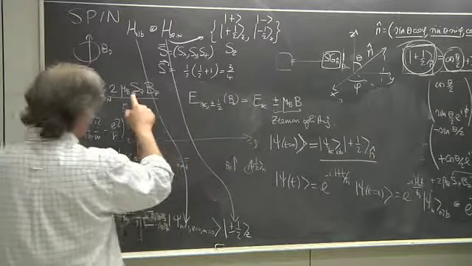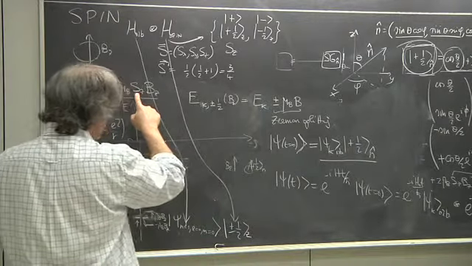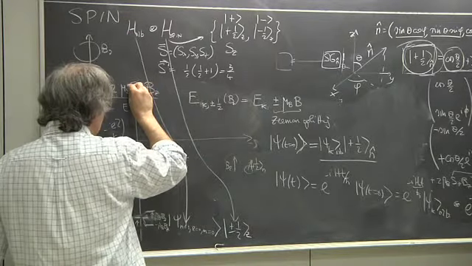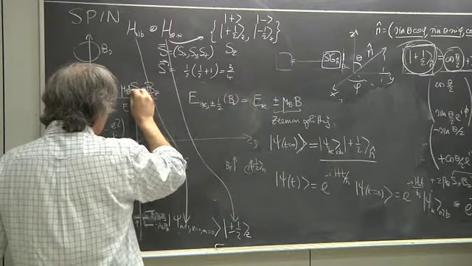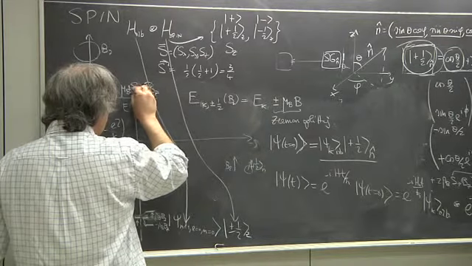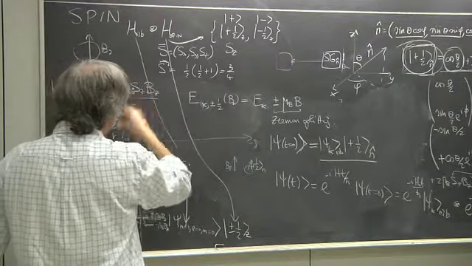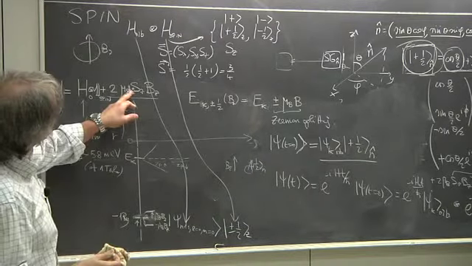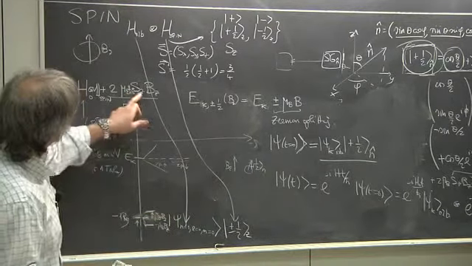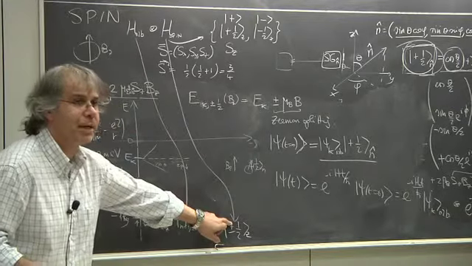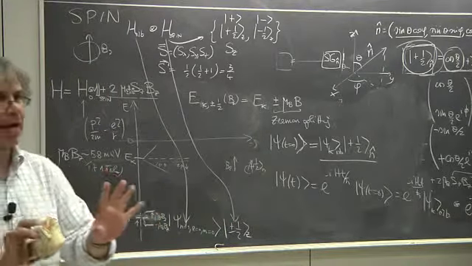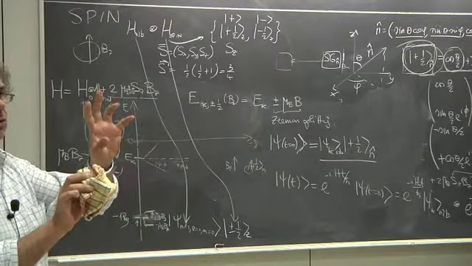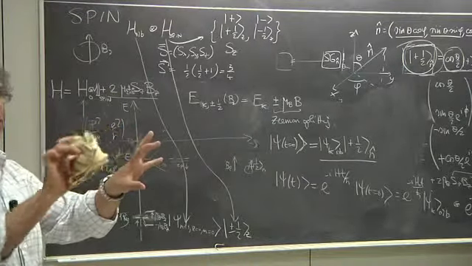In a similar spirit, when I write this, which is only spin, I should write more precisely the unit for the orbit times S_z acting on the spin. So this does nothing on that, and it does everything to that. That's always the spirit. When I have an operator, I should decide if it works on the orbit or on the spin.